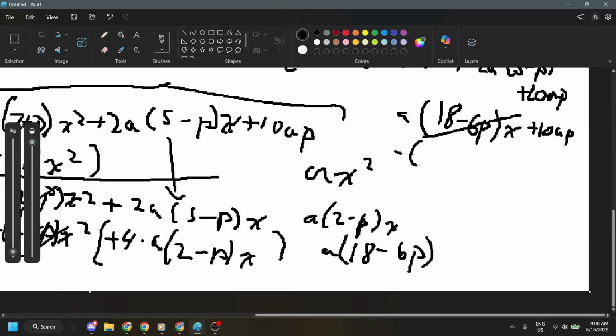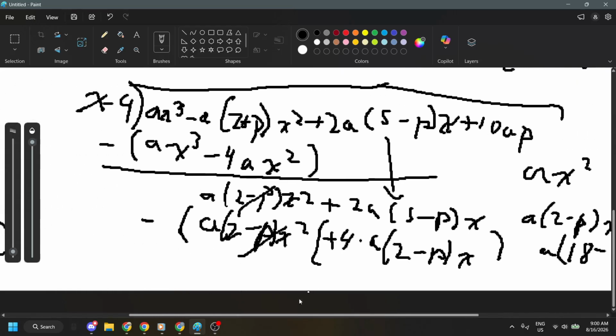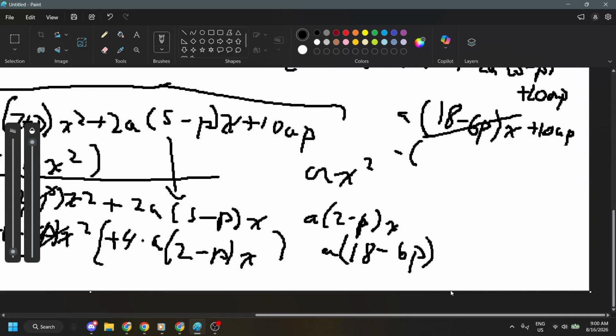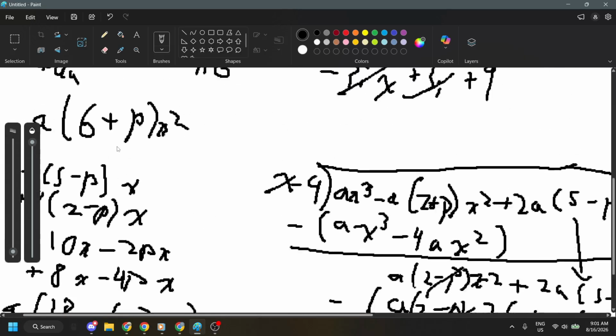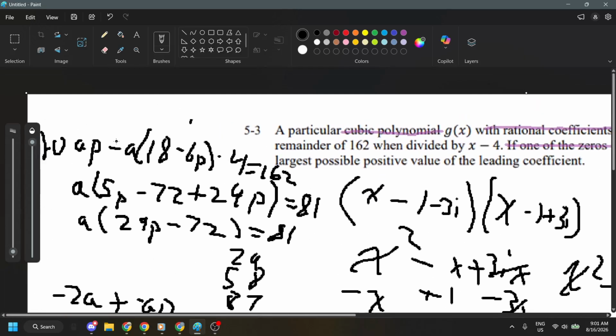We do minus x times a times 18 minus 6p minus 4. I think I made a mistake. It's going to be plus here. Okay. So that makes this a plus and this a minus.